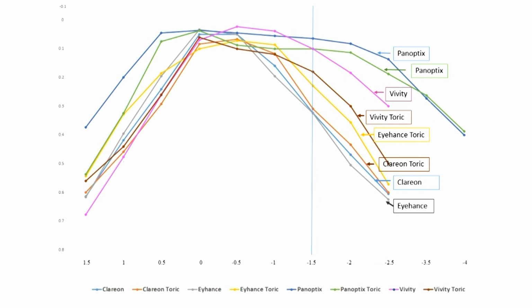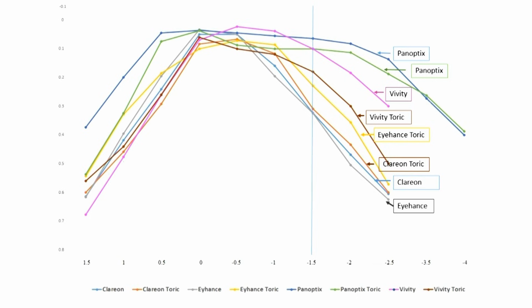So, for instance, in this PanOptix, if you take 0.2, it starts from +1 all the way to -2.75 or something. Okay, that is called the landing zone. So one way of comparing lenses is to compare the landing zone of each lens.